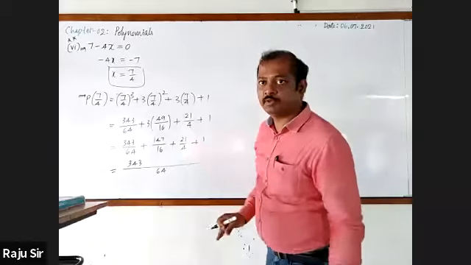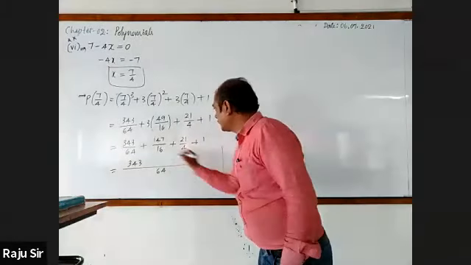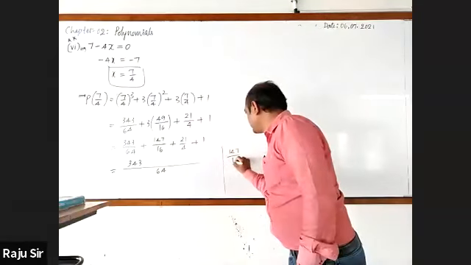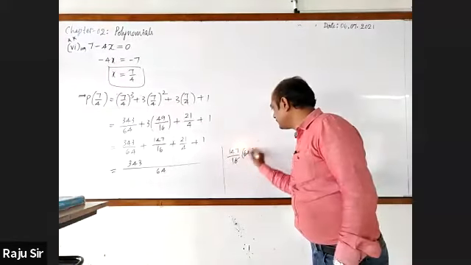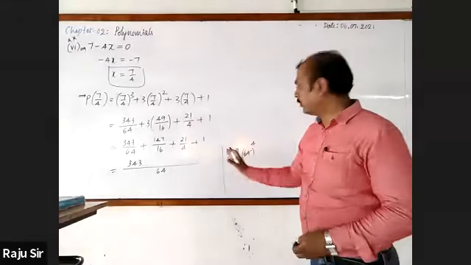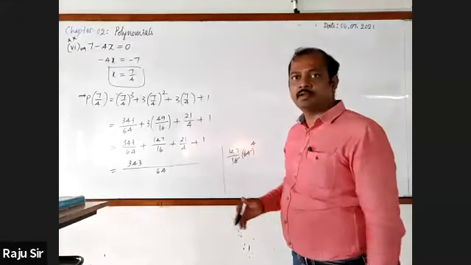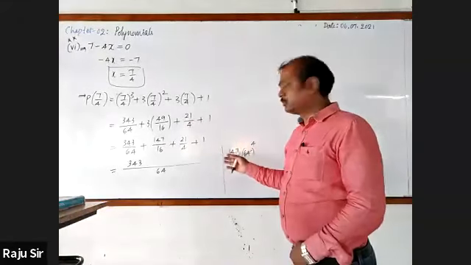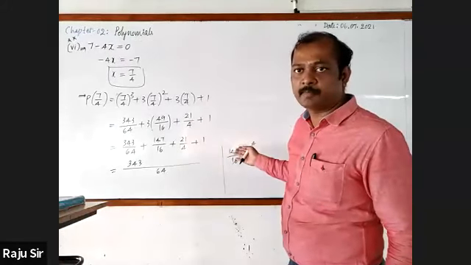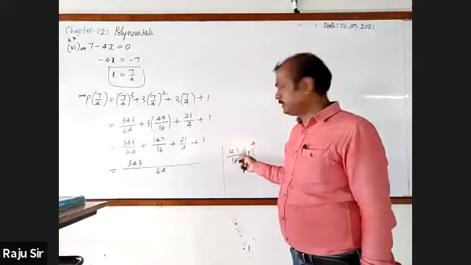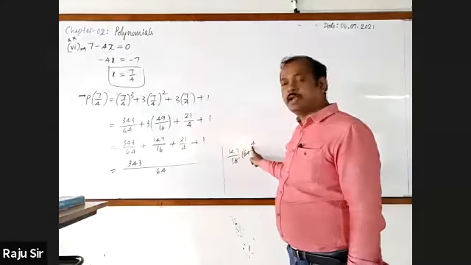Second term is 147 by 16, and you have to multiply by the LCM. 16 ones are 16, 16 fours are 64, so 147 fours are 588. 150 fours are 600, minus 12 gives 588.